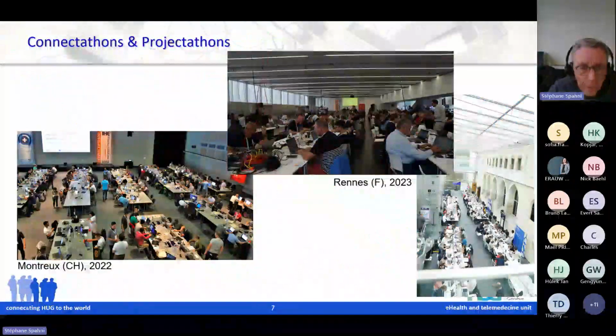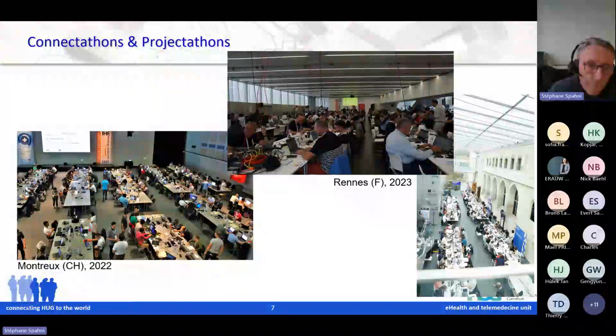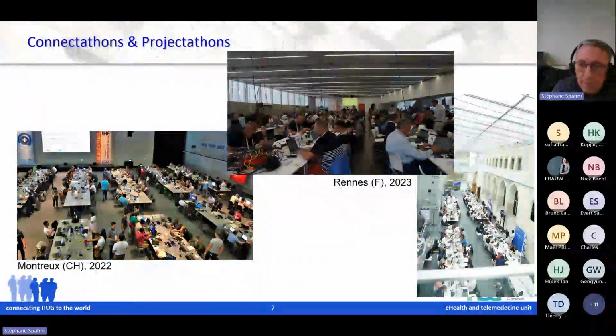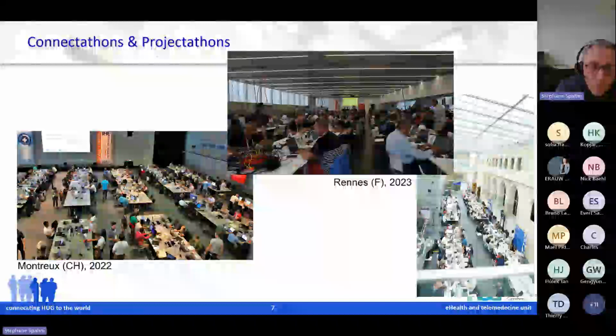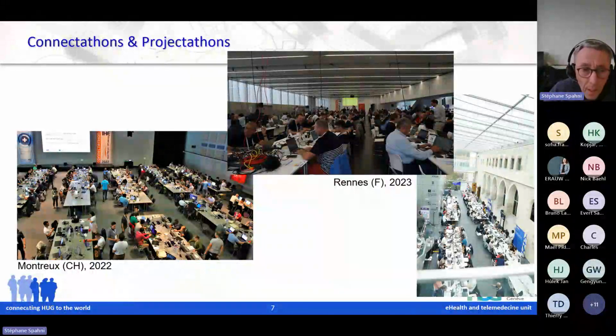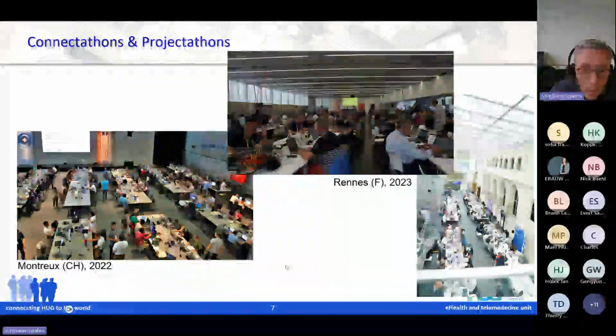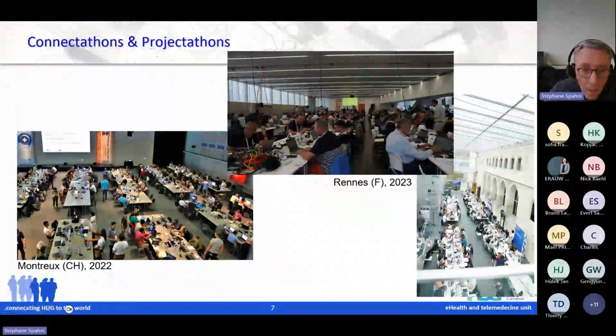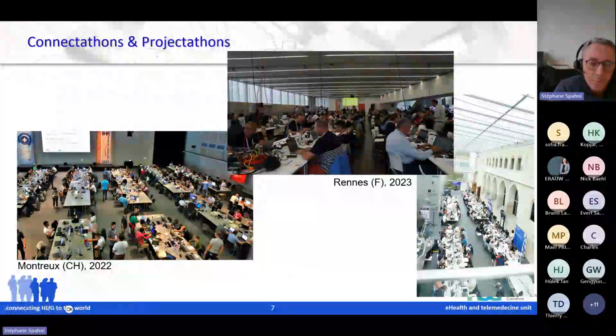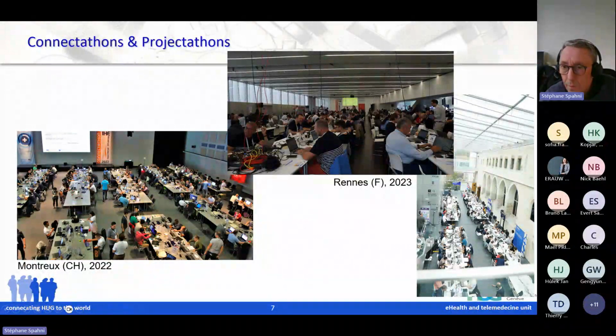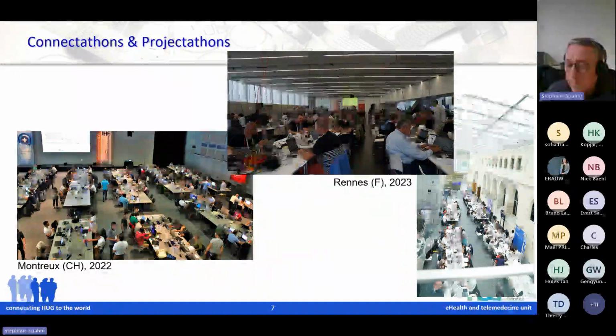But as I showed, there are small differences between the two, but if we look at concrete realization, you have pictures here from the last two connectathons, the one in Montreux, the one in Rennes. In both cases, you have on the left tables in Montreux, for the Swiss EPR projectathon, the room which is just on the right of the top image is this one, where there was the ANS, the French projectathon.